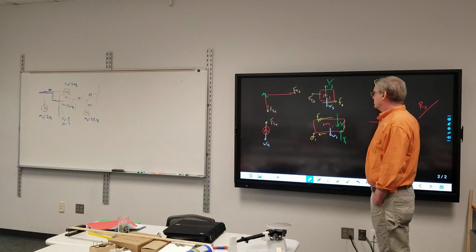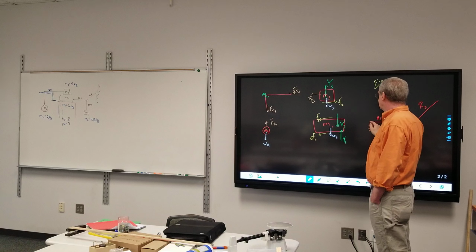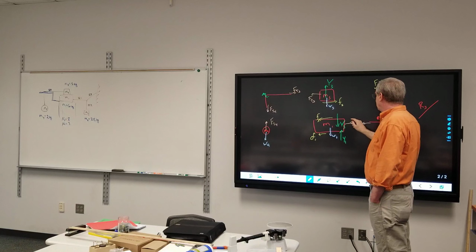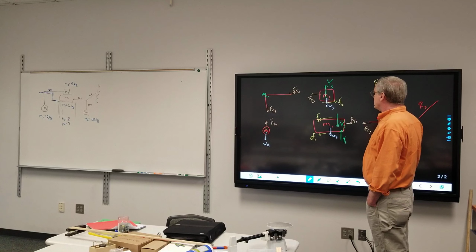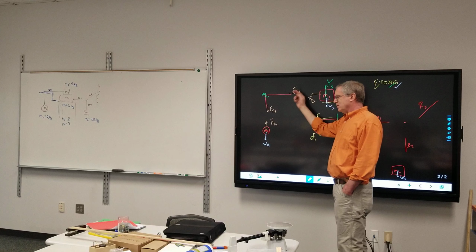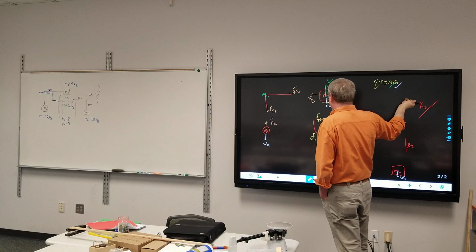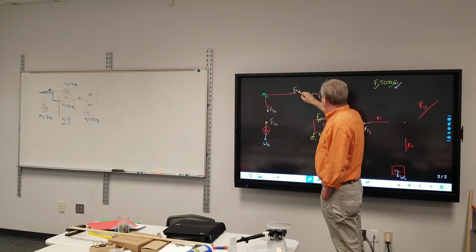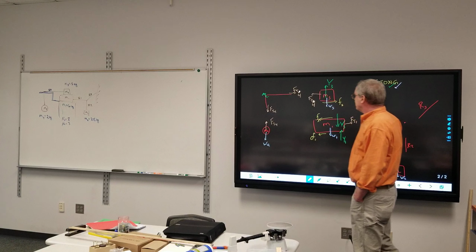And then there is the rope connecting to mass 4, FT1, FT1. I am gonna make one change here. This is the same tension in both spots. It's an ideal rope, so I'm just gonna call that FT4 at both ends.